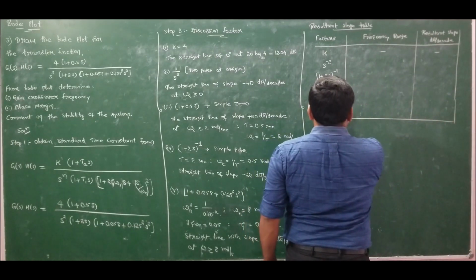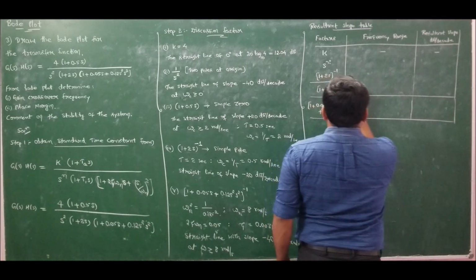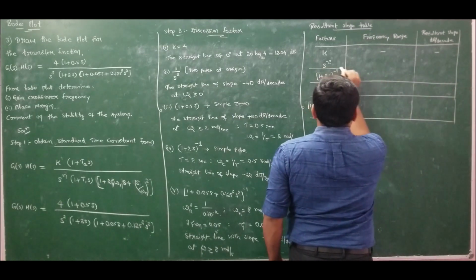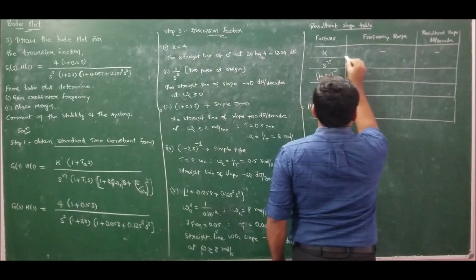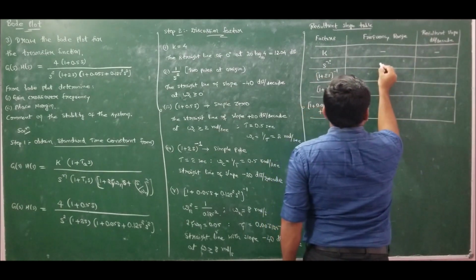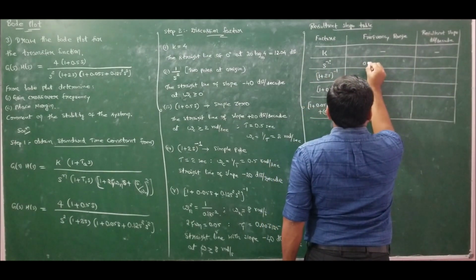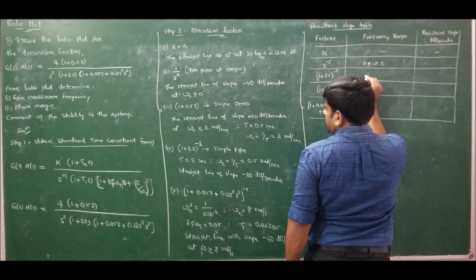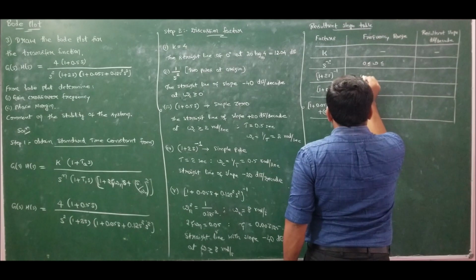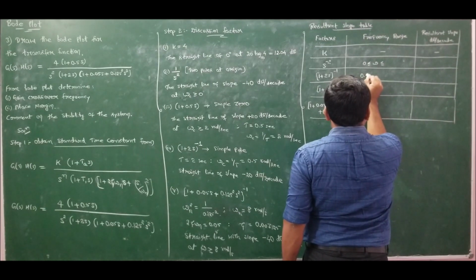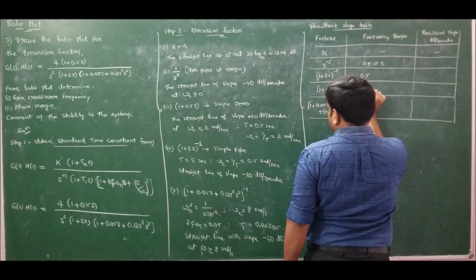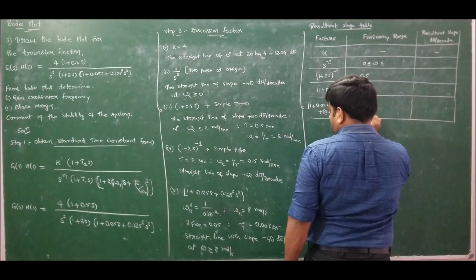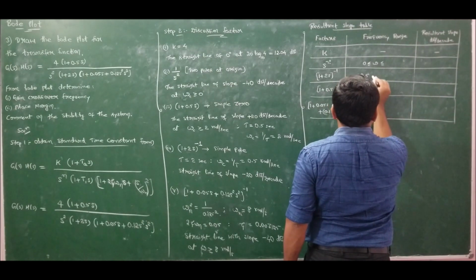Now if I complete the table, the frequency range is greater than 0, here greater than 0.5, here greater than 2, and here greater than 8.